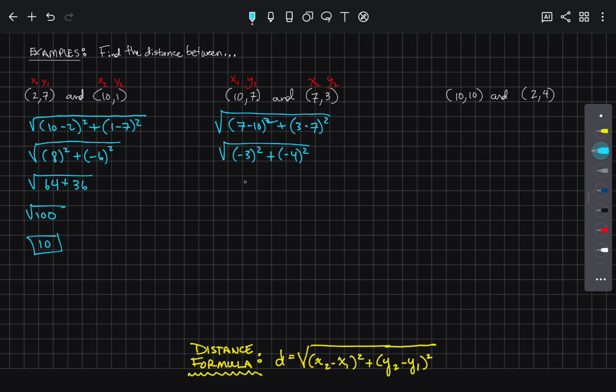Negative 3 times negative 3, positive 9, plus 4 times negative 4, positive 16, square root. Oh, this one works out nice too. 25. Square root of 25, 5.